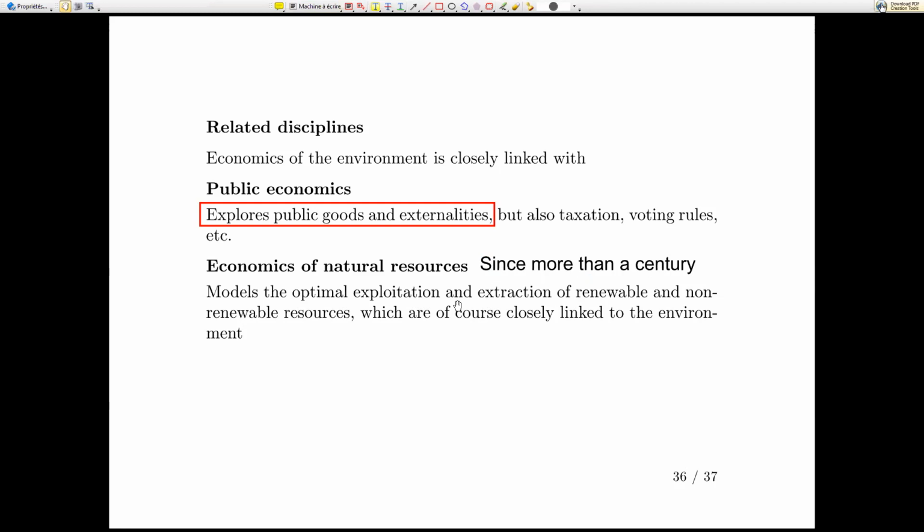So for our sakes, maybe renewable resources are more interesting, in the sense that what's the optimal pace of exploiting a gold mine? Who cares? It's all under the umbrella of optimal control, and it's all differential equations, and it's very technical. If you want to make a lot of money with your mind, then you study this, but we don't care too much about it. But still, we care about natural resources.